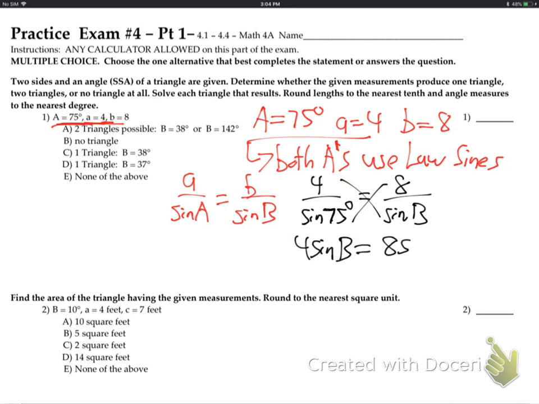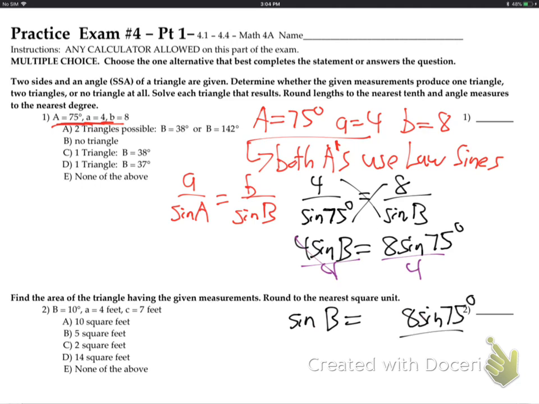4 sine B is 8 sine 75. We good to there. How do we solve for it? Well, we divide by the 4 first. Boom. And then we get sine of B is 8 sine 75 all over 4.